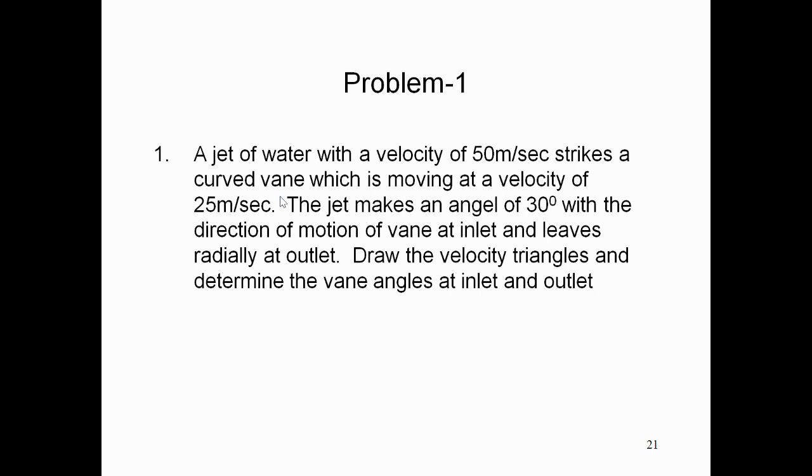The jet makes an angle of 30 degrees with the direction of motion of the vane at inlet and leaves radially at outlet. Draw the velocity triangles and determine the vane angles at inlet and outlet.